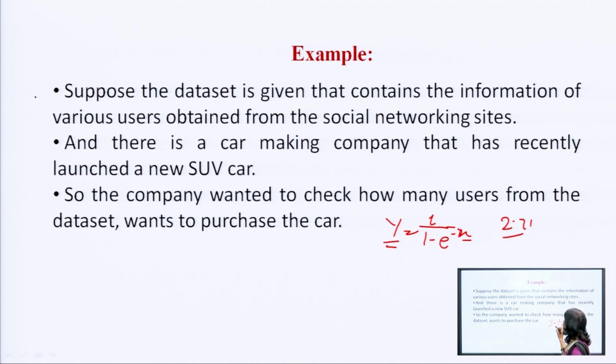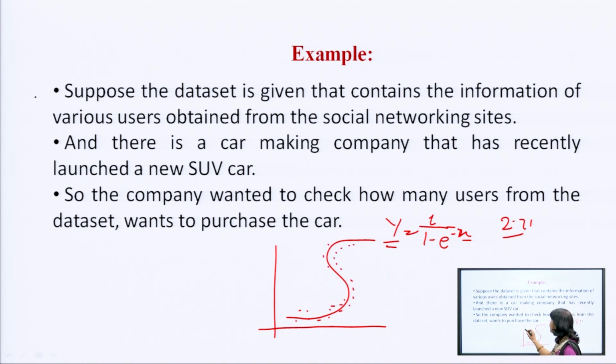What happens with the sigmoid function? If your data is given in the data set and your data is scattered in this manner, around this set, and in the y axis you have bounded it between 0 and 1, that means in between it will be 0.5.